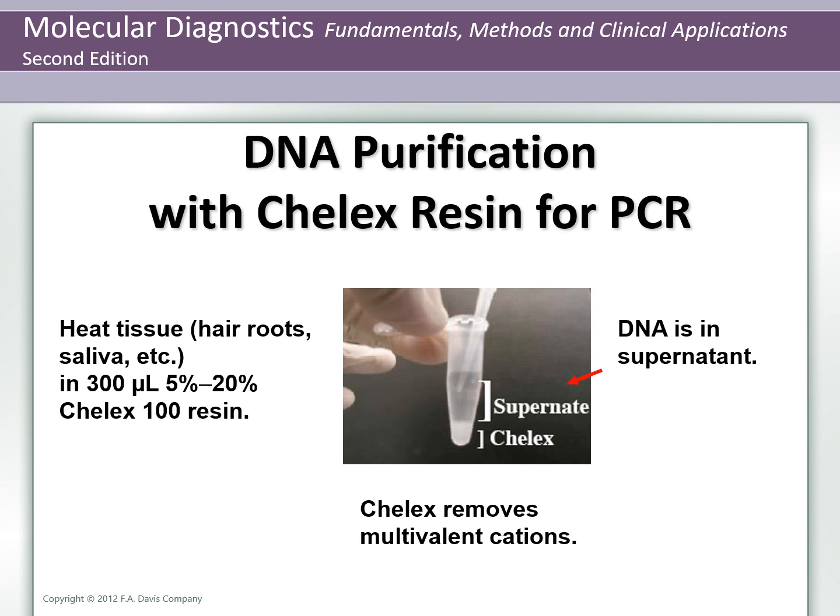Chelex is a cation chelating resin that can be used for simple extraction of DNA. A suspension of 10% Chelex resin beads is mixed with the specimen, and the cells are lysed by boiling. After centrifugation of the suspension, DNA in the supernatant is cooled and may be further extracted with chloroform before use in amplification procedures. This method is most commonly used in forensic applications, but may also be useful for purification of DNA from clinical samples and fixed paraffin-embedded specimens.